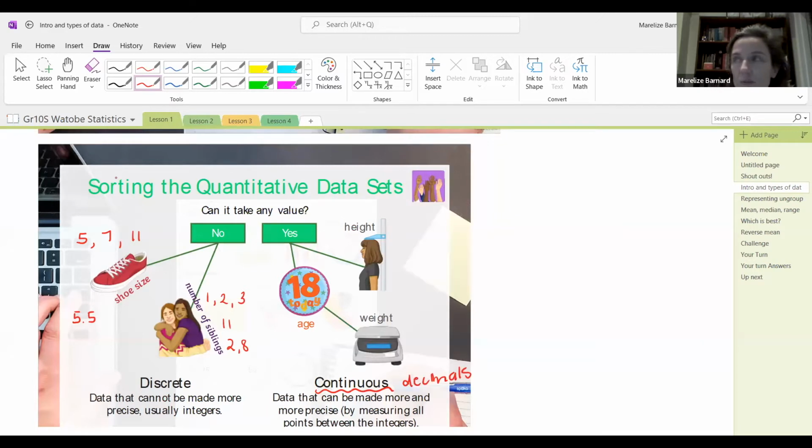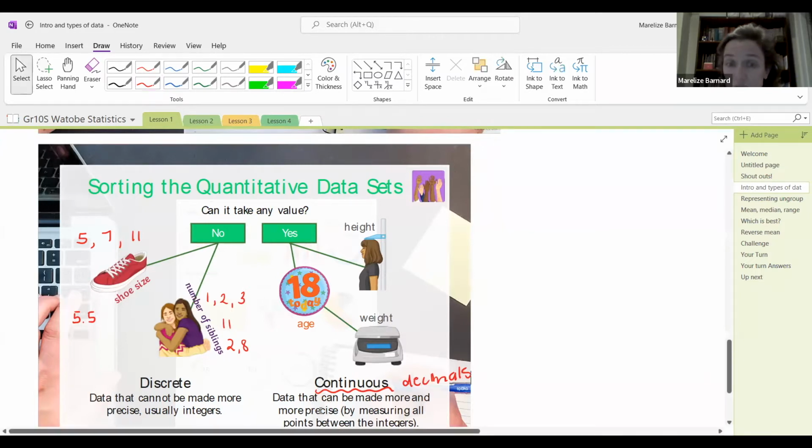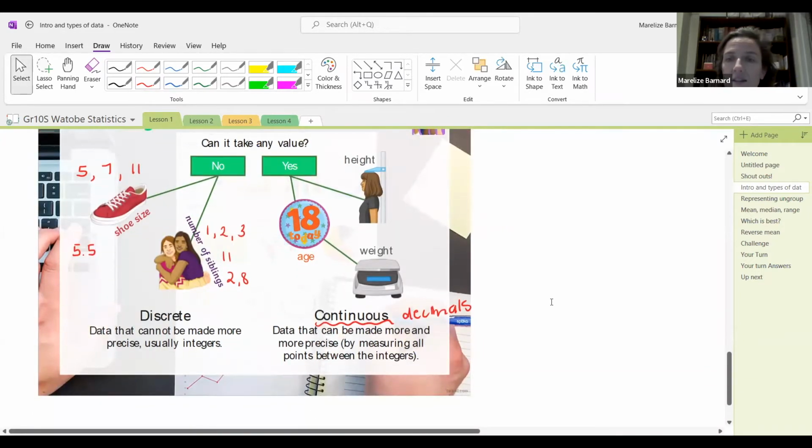Age, you can be 12 and 3/4, or 12 years old and a half, for instance. And then height can also be measured, and think of it, it's mostly things that can be measured that involve decimals.